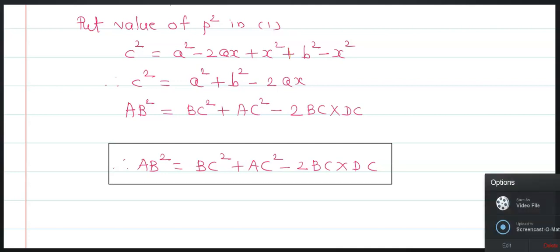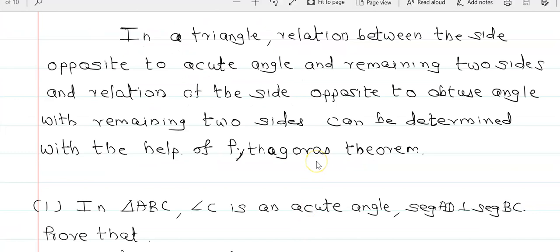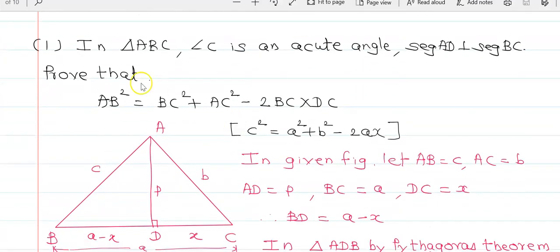Again same thing, I am repeating from the board. In triangle ABC, angle C is an acute angle. Then prove that AB square is equal to BC square plus AC square minus 2BC into DC. That is, we want to prove that C square is equal to A square plus B square minus 2AX.